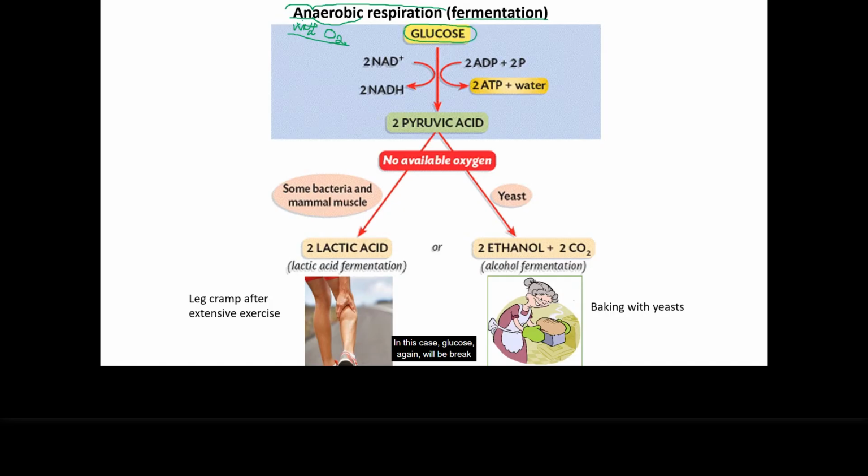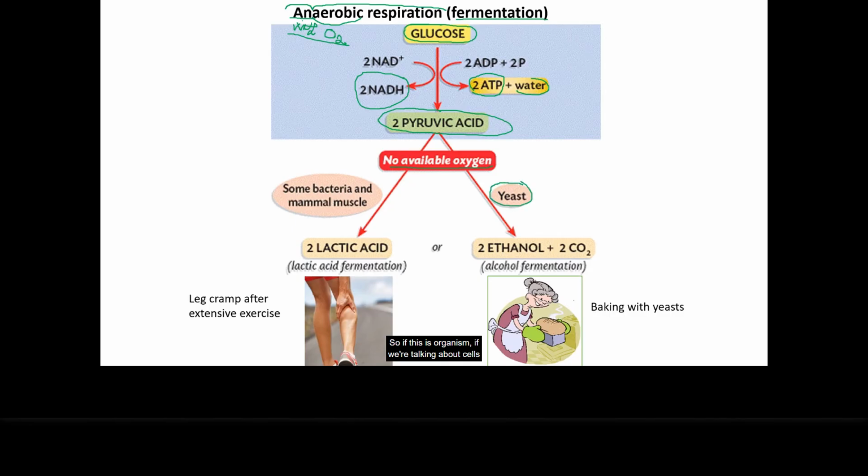In this case, glucose again will be broken down to pyruvic acid and will produce some, not a lot, of ATP molecules. We will also produce again some coenzymes, water will be produced, but then because we do not have oxygen, when oxygen is not available, what happens next?